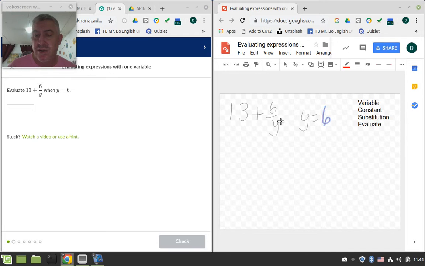So now I'm taking out y and I'm putting in 6. So that's 13 plus 6 divided by, not y, 6, because we're substituting 6 for y. We're substituting our 6 for our variable, and that is 13 plus 1, or 14.